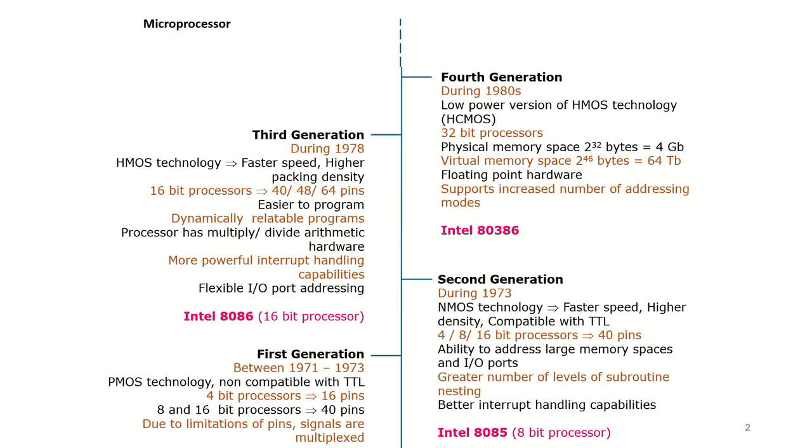Then the fourth generation is after somewhere 84, 85, where a settled version of 80386 DX was released, which is a 32-bit processor, having 32 address lines, 32 data lines. It can address up to 4 gigabytes of physical memory and 2 to the power of 46, 64 terabytes of virtual memory. So that is how it was up to the fourth generation.